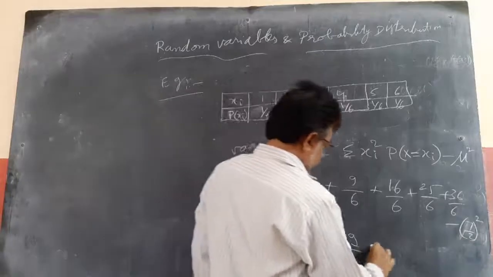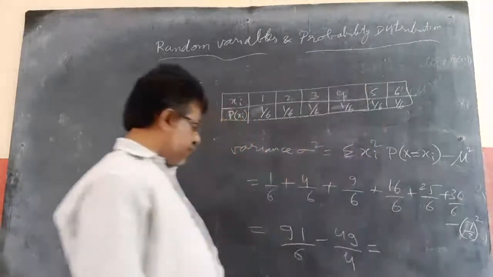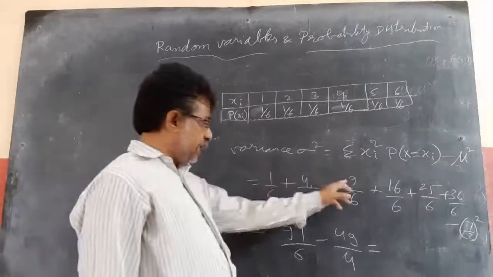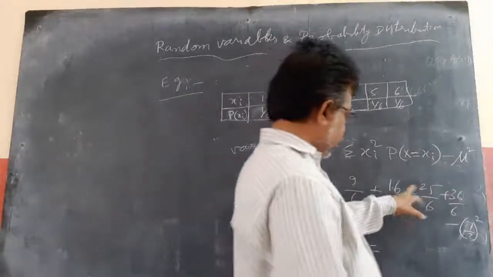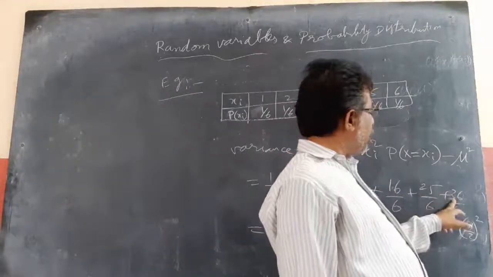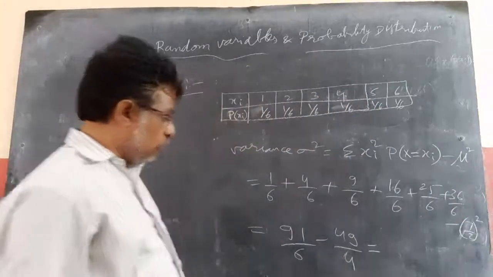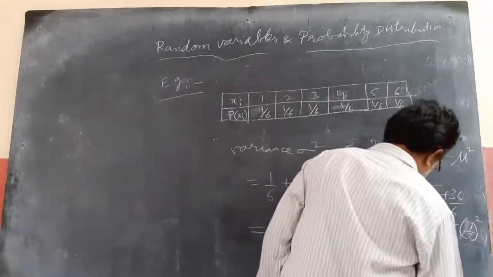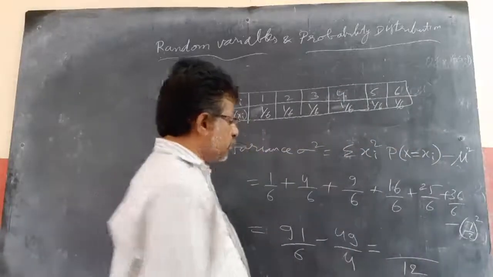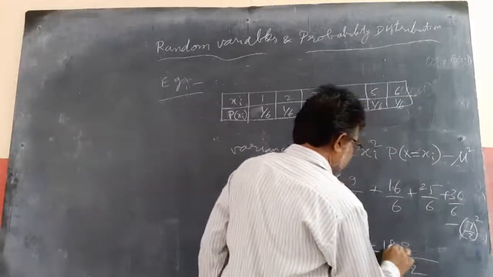So for the LCM calculation: 91 by 6 minus 49 by 4. The LCM of 6 and 4 is 12. 6 goes 2 times, 2 1 are 2, 2 9 are 18.